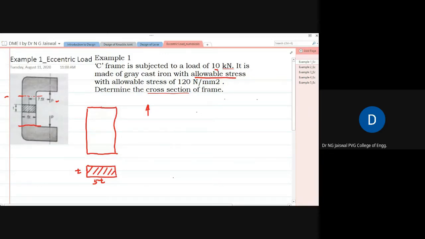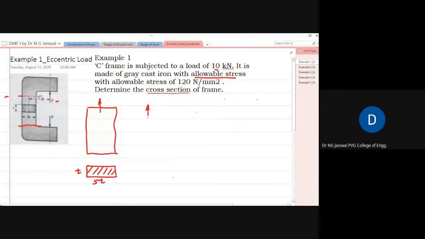So the first step is what? We transfer the force from this place to the centroidal plane or the centroidal axis. I am transferring the force from this to here.